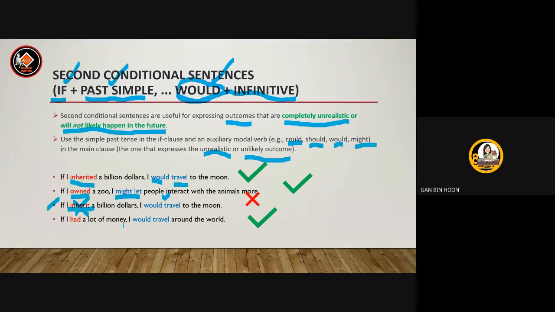If I had a lot of money, yes, correct. Had is past tense because present is has and have. I would travel around the world. Can you have a lot of money? Not possible, right? Something tak mungkin berlaku.